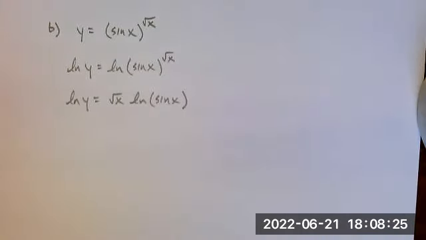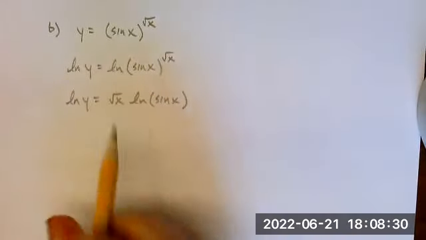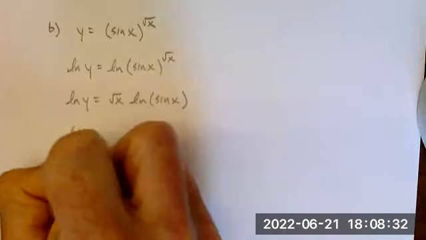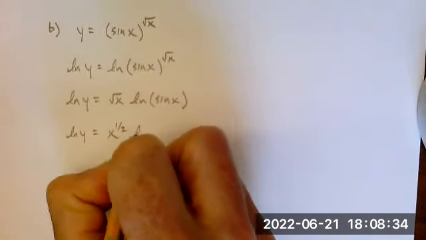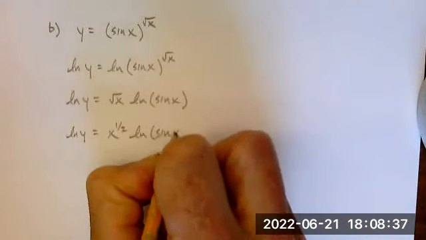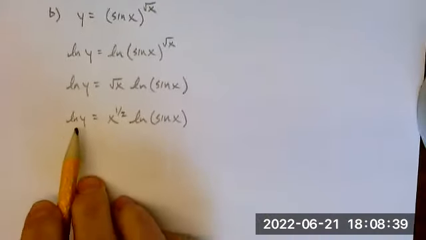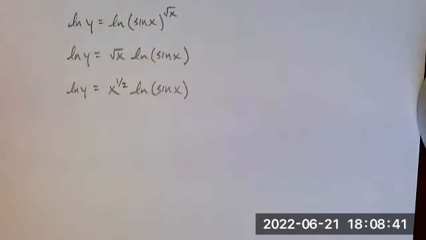I'm going to go ahead and rewrite that square root as x to the 1/2, because the very next step is to differentiate both sides with respect to x.